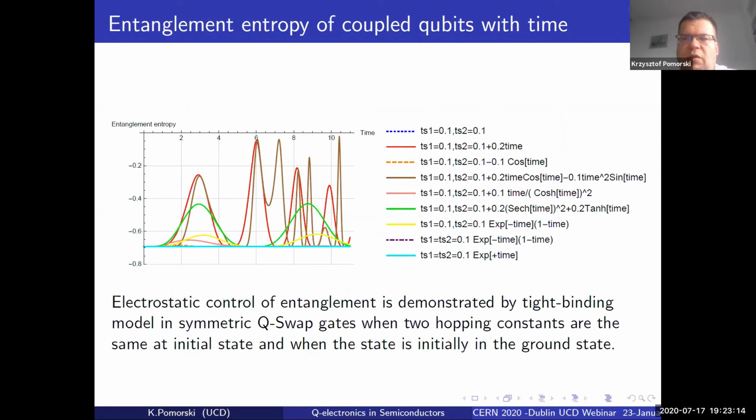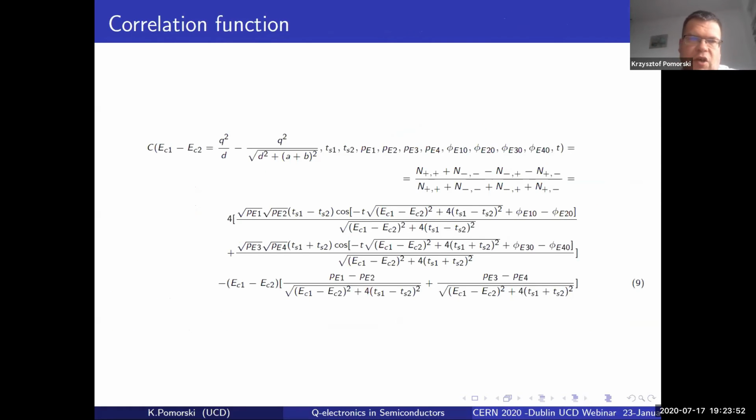So you are going to get various dynamics of the quantum entropy for various hopping values for interacting qubits. That's quite interesting. So you can control the entropy by controlling the hopping constant, and obviously you can also change this hopping parameter in the time domain. That's why you can control this entropy electrostatically with time. Right? All right. So the correlation function also has a nice analytical feature.